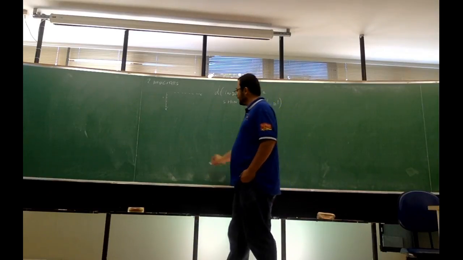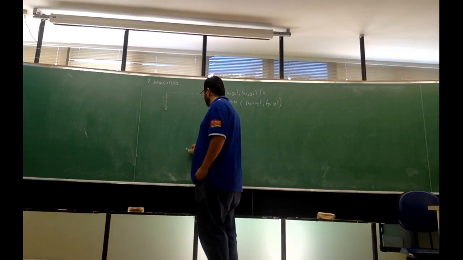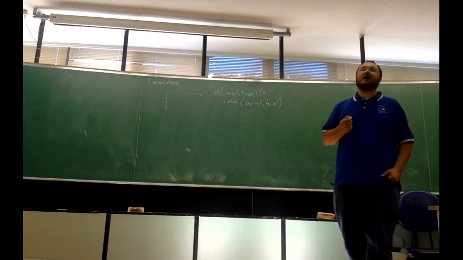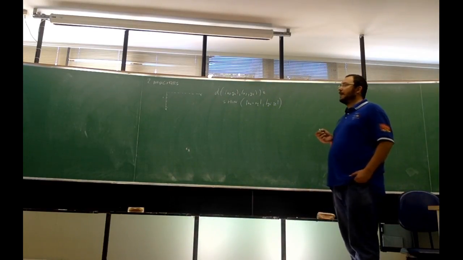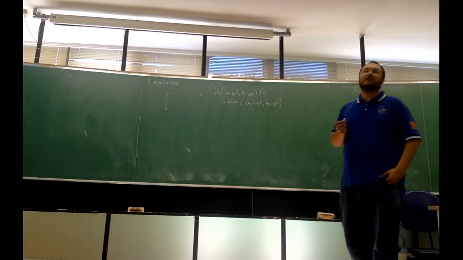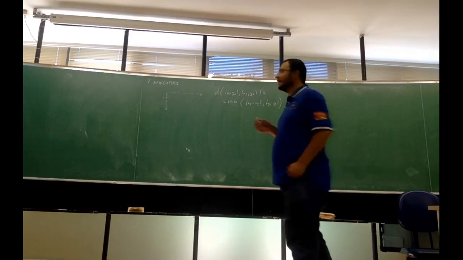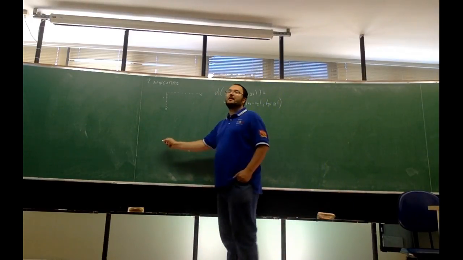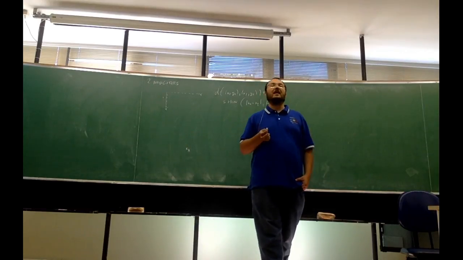So imagine that you are at some point A. And right now you are going to decide whether you will sail to one of the remaining n minus 1 points. But the actual decision you are taking is you are choosing one of the 4 directions you will be sailing.